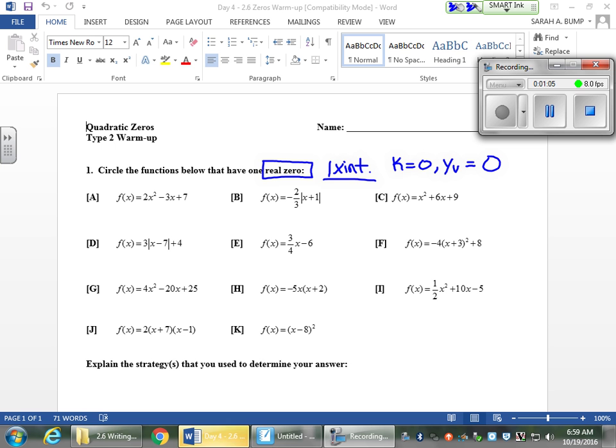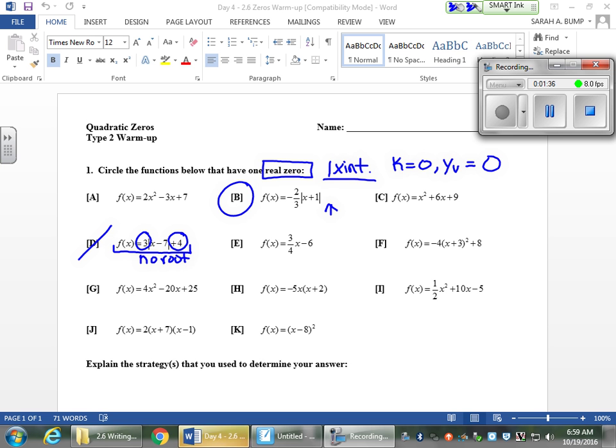All right, and this warm-up you guys should have had a few minutes to work on your own, and then we're sharing out right now. So vertex form, I see the first one is B, and notice it has a k value of 0. It's going to have one root. The next one that's in vertex form is D. A and K, however, the +3 and the +4 have the same sign, so that is no real root, so that's out.